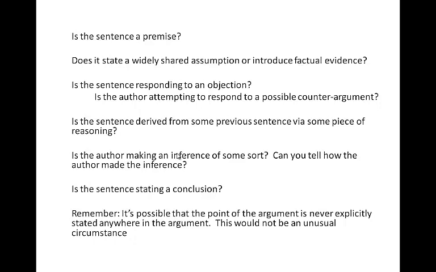And then we're going to look for indications that there are some inferences taking place. So is this sentence that I'm reading right now derived from some previous sentence via some chain of reasoning? Has the author made an inference of some sort? And can we tell how she's made the inference? Those are all questions we're going to be asking ourselves as we read.